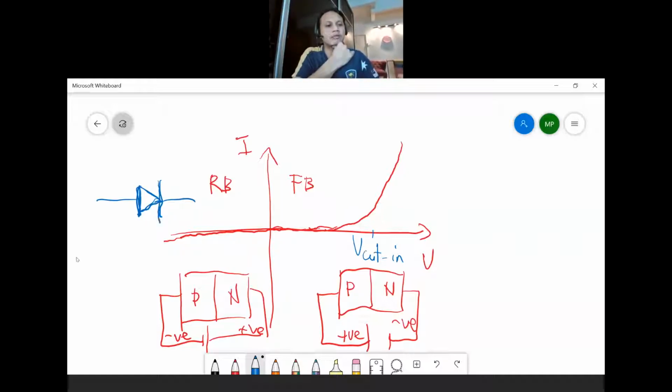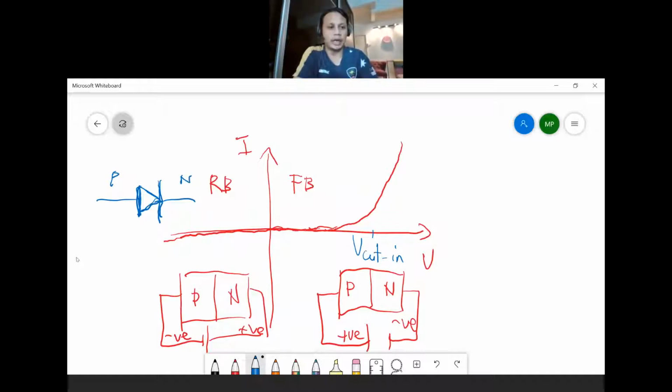Can you recall, maybe from your electronics? No idea? So the P side is on the left hand side, the N side is on the right hand side, right?